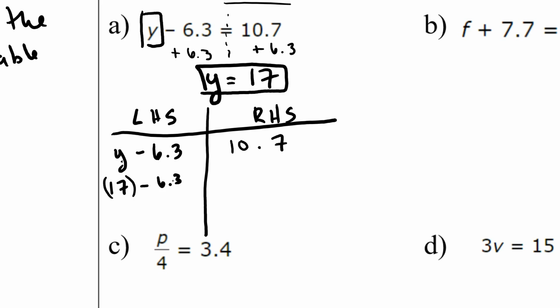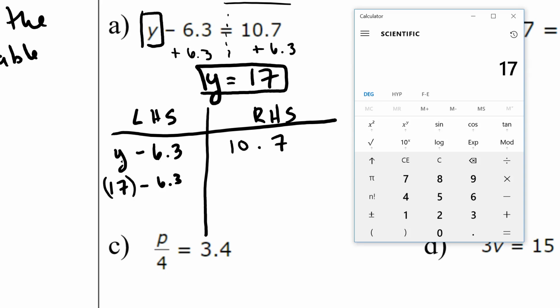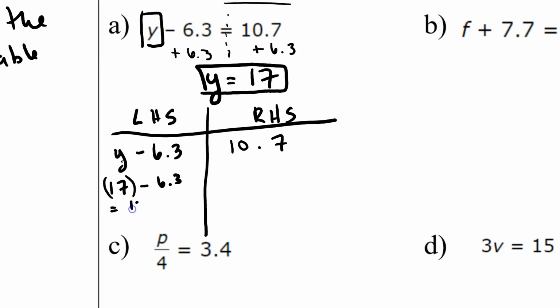And let's grab our calculator. You can also do this in your head, but I just want to show you. 17 minus 6.3, we should get 10.7. And look at that. We get 10.7. We say left-hand side equals right-hand side, and we have verified it.